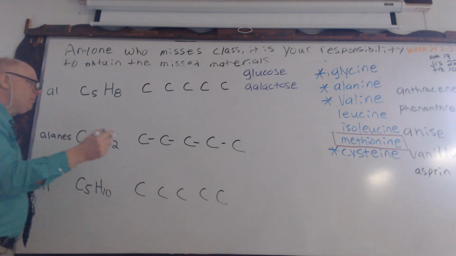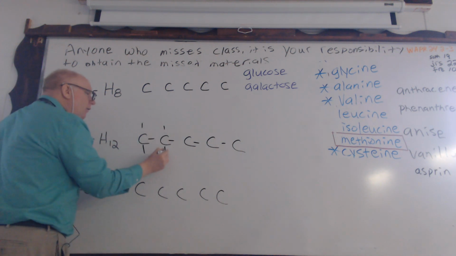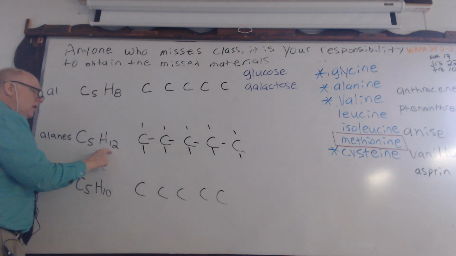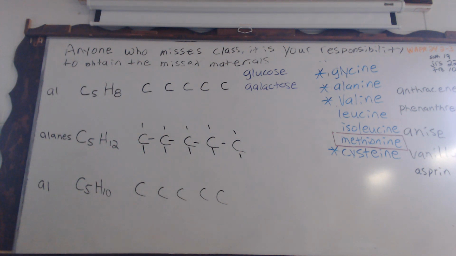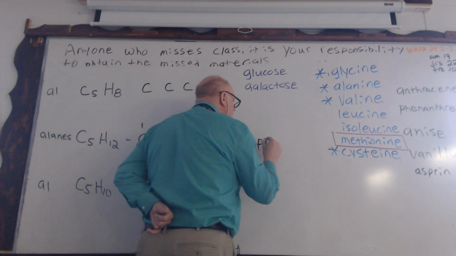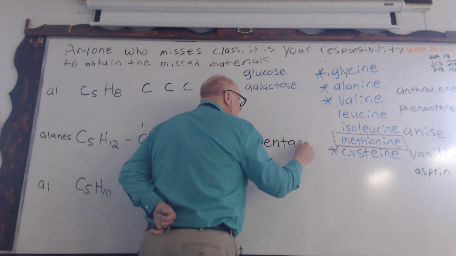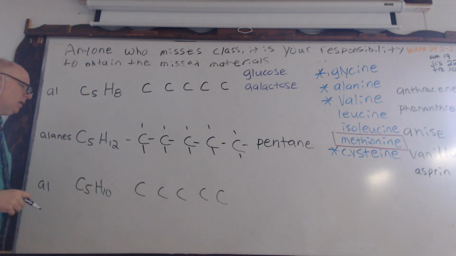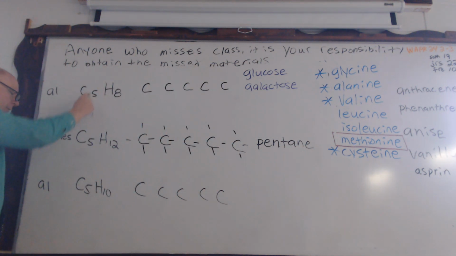So on the top and bottom, 2, 4, 6, 8, 10. Where do our last 2 come from? On the ends. So here is the compound pentane, because we said this is an organic family called alkanes. So you pick the top or the bottom now.